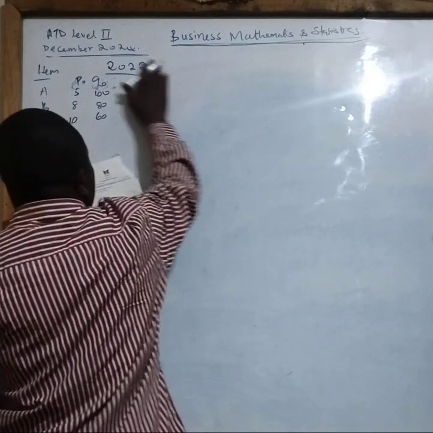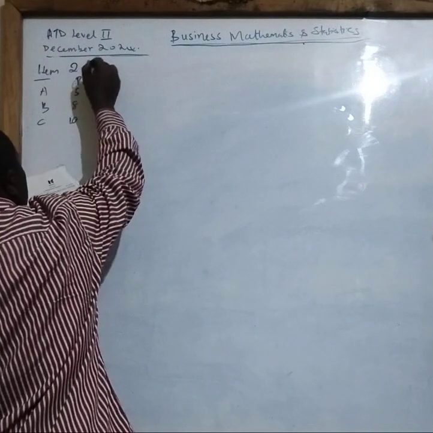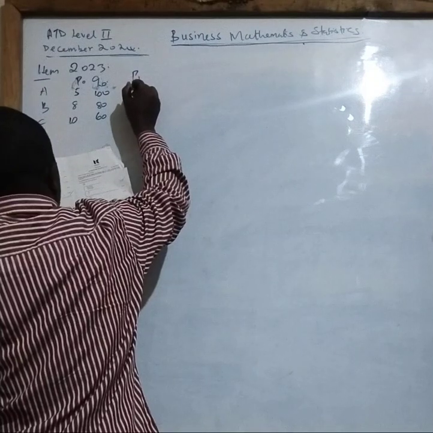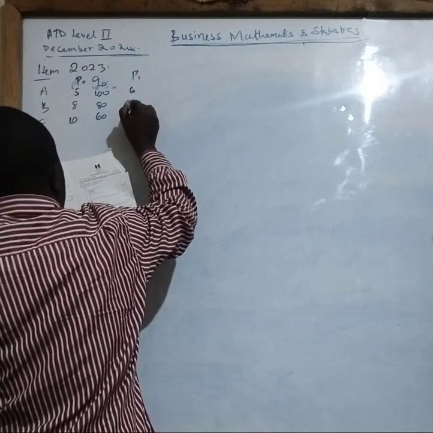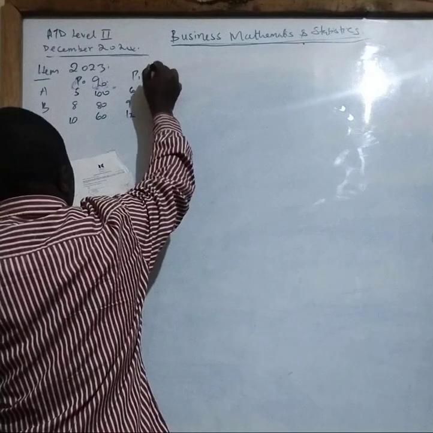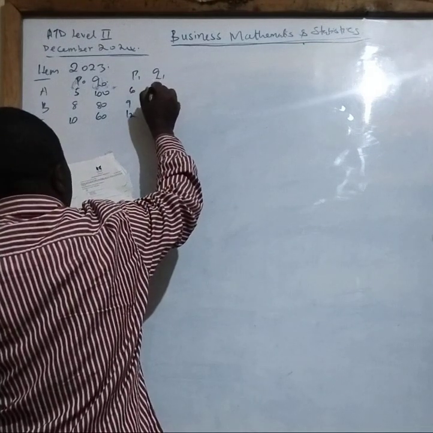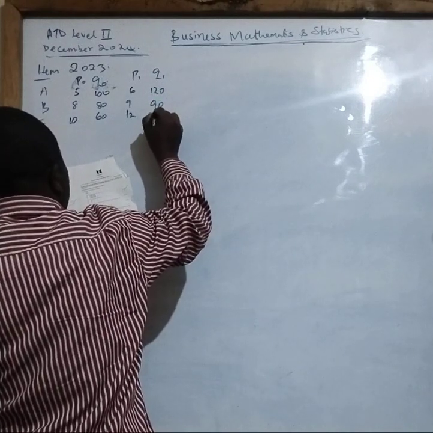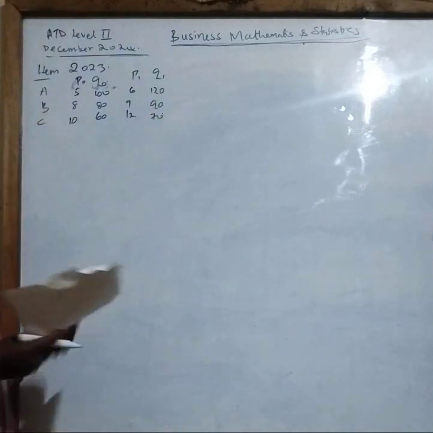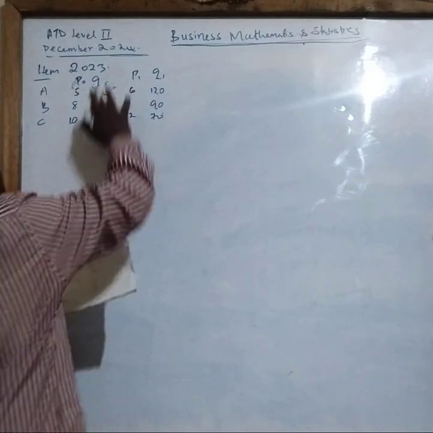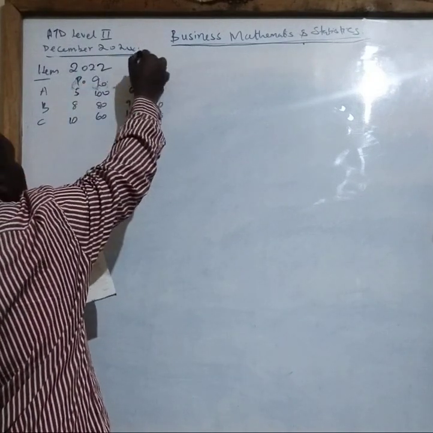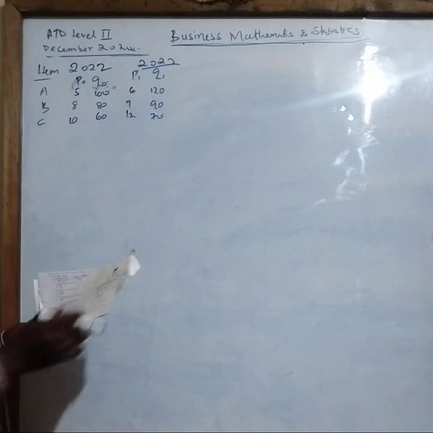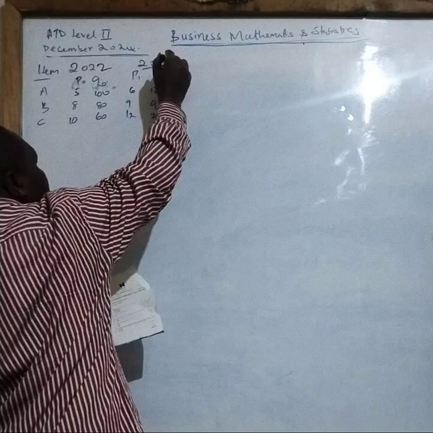This is 2022. Then we have P1, which is 6, 9, and 12. Then we have Q1, which is 120, 90, and 70. So this is the data we have been given. This is 2022 and this is 2023. This is the data given from the topic of index.